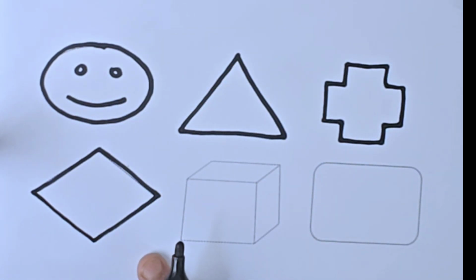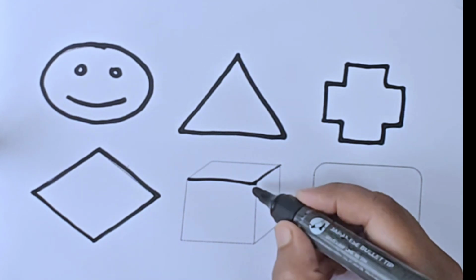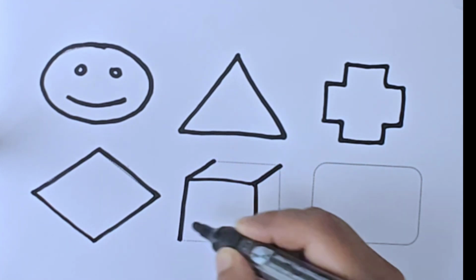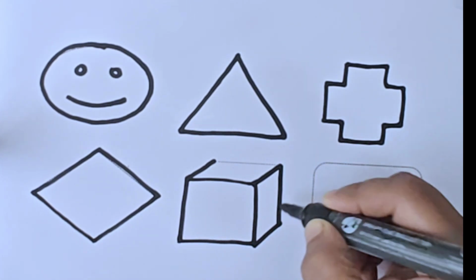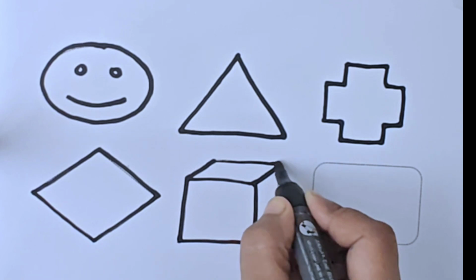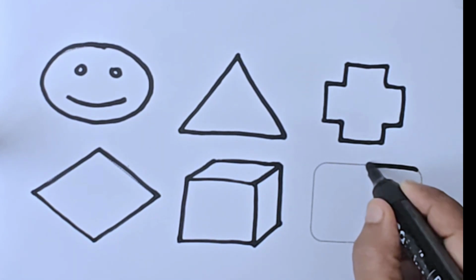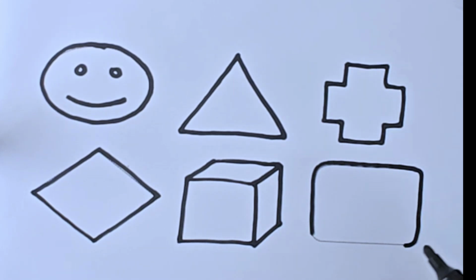It is rhombus or diamond. It is cube. Rounded rectangle. Now let us color the shapes.